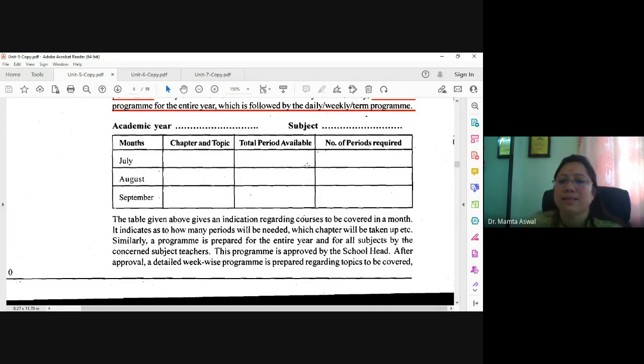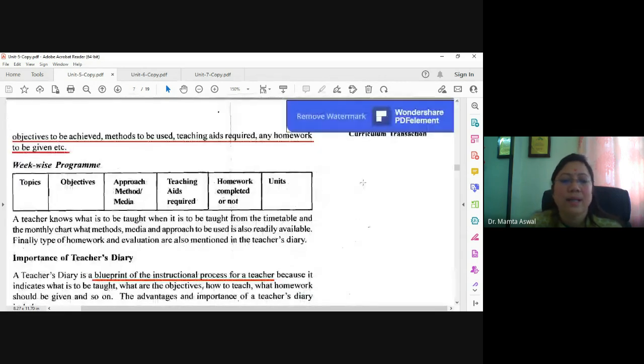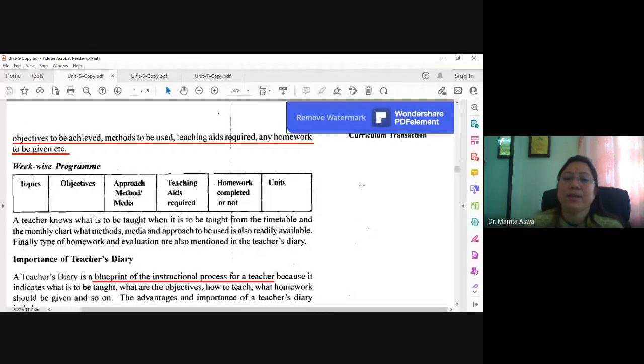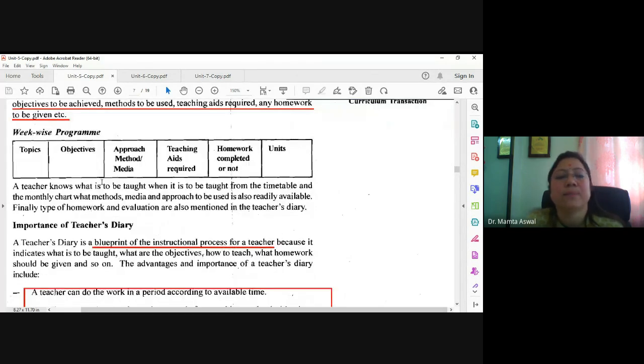So in this sense, you can develop your teacher's diary academic year wise, and then you can divide that particular year wise daily diary into a week wise program. You can develop this week wise also, so fortnightly, 15 days.